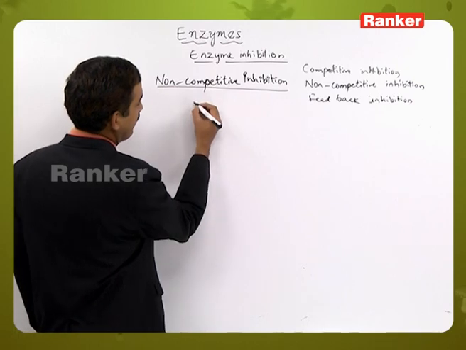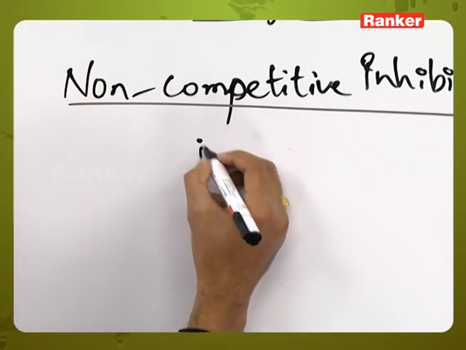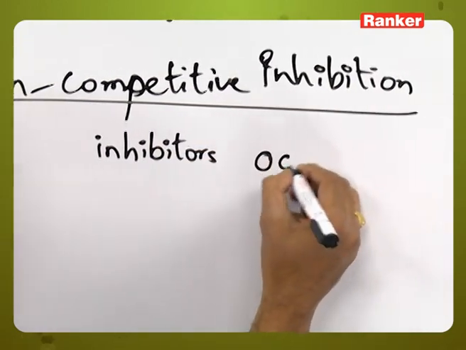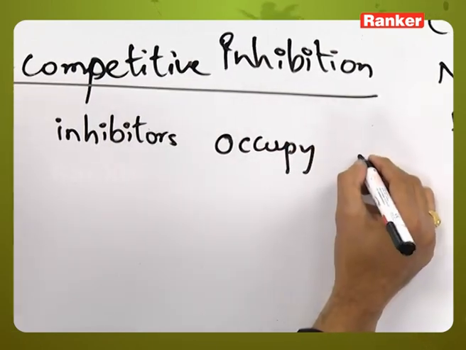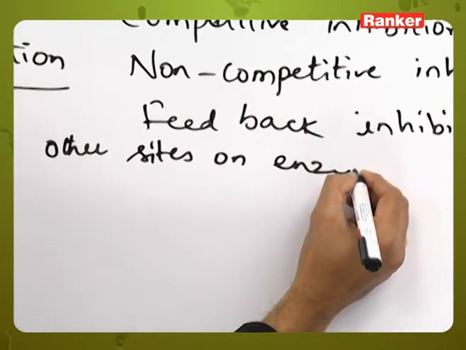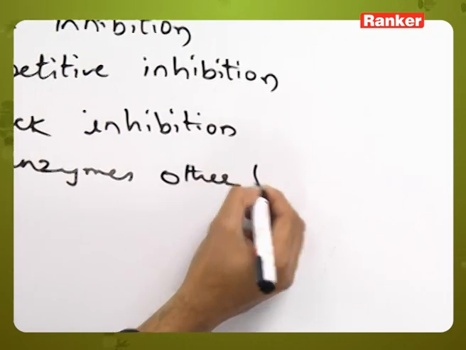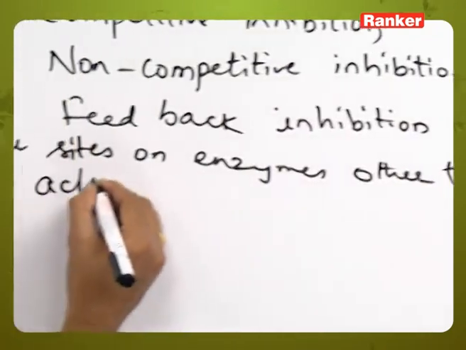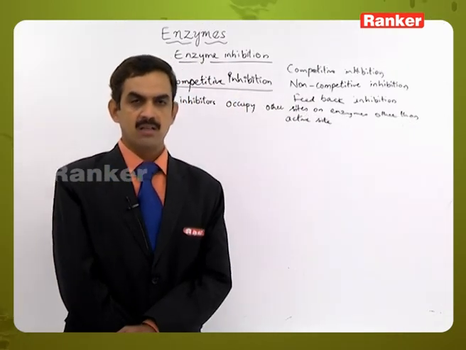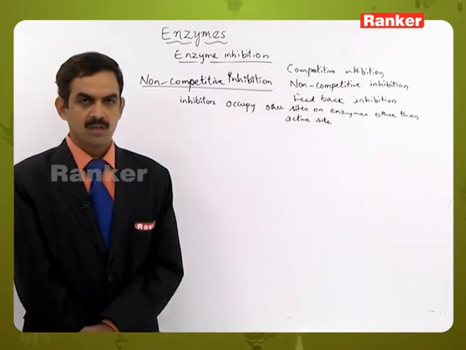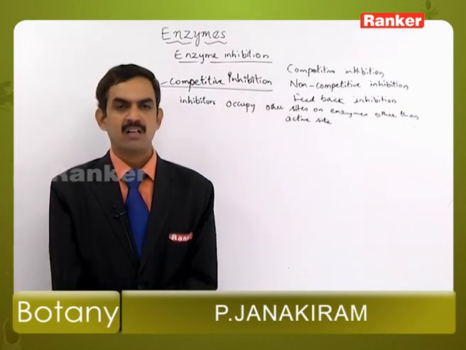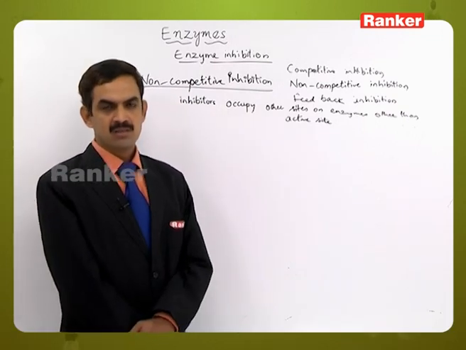And one more thing, these inhibitors occupy other sites on the enzyme other than the active site. That is a difference, because in the competitive inhibition, the inhibitors are structurally similar to the substrate molecule and they are occupying the active site only, making the active site unavailable to the substrate molecule.